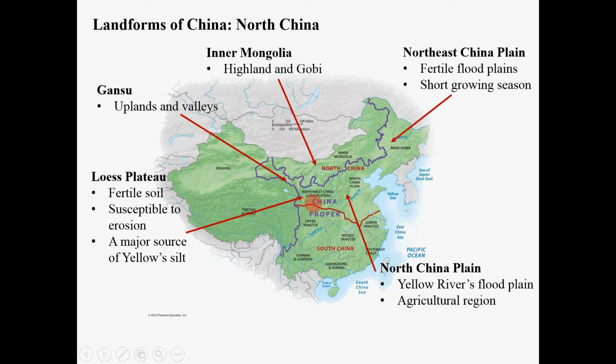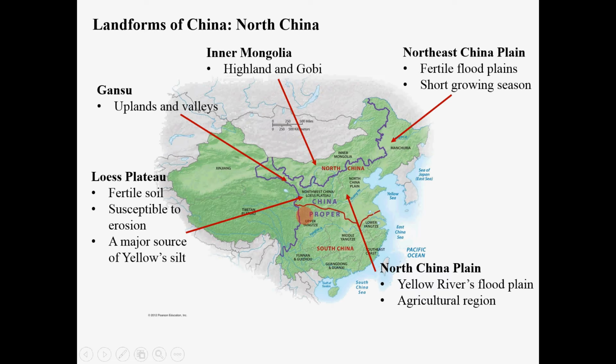Loess Plateau is covered with thick layers of loess. Loess is a fine-grained dirt. Large area of this region is covered with very thick layer of loess. Loess Plateau is formed in geological times.